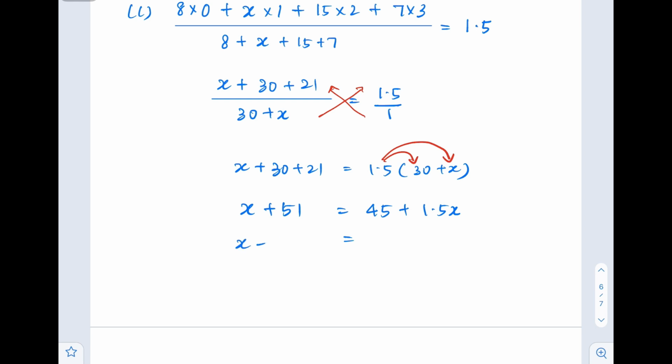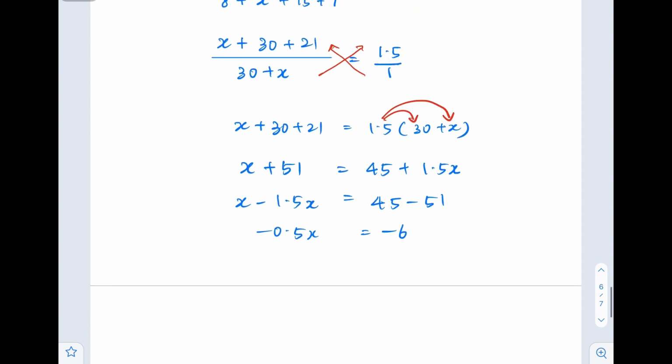So I have x minus 1.5x. And then I can subtract 51 on both sides. So now I'm left with negative 0.5x equals negative 6. So my x would be negative 6 divided by negative 0.5, and this would give me 12. So my x would be equal to 12.